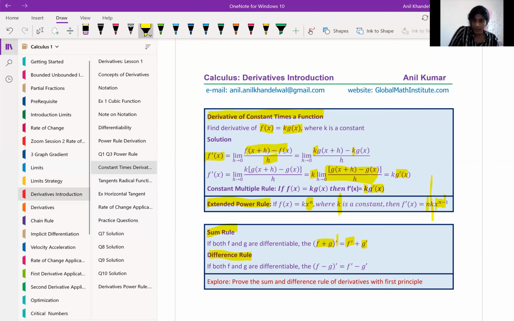Perfect. Do you understand this point? It means that if I have a polynomial which has many terms, I could find the derivative of each term and add them. So that helps us to find the derivative of any equation which is of the kind of a polynomial. Is that clear to you?